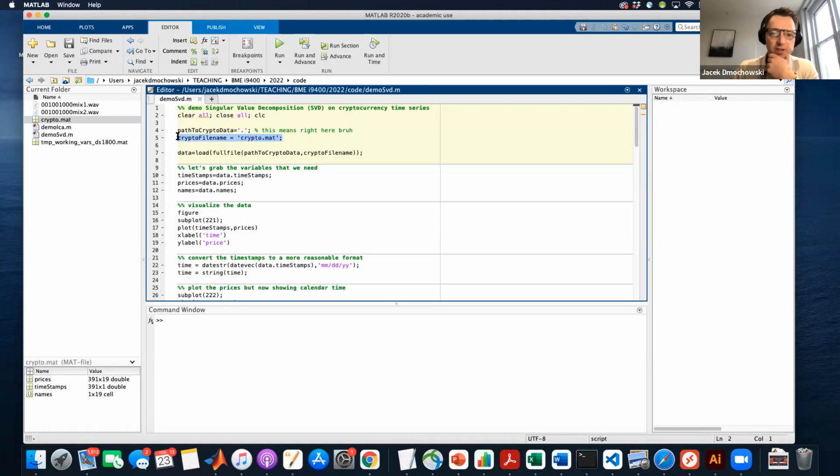And I chose this data set because I think it's a little bit timely. We're going to be looking at cryptocurrency prices across time. It's also a real world data set. It's also the type of data that many amateur and professional traders are interested in understanding, to be able to forecast it, to be able to discover the structure in this data.